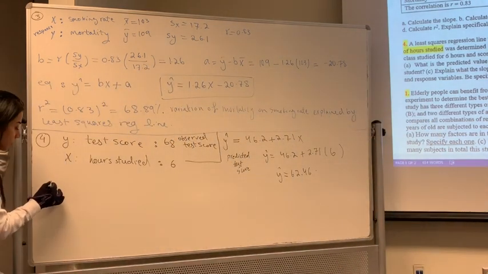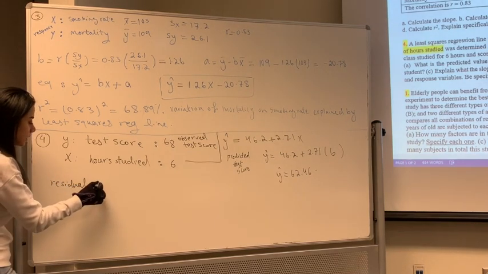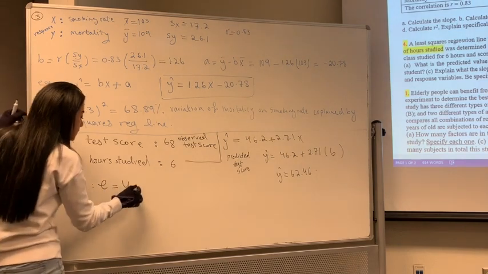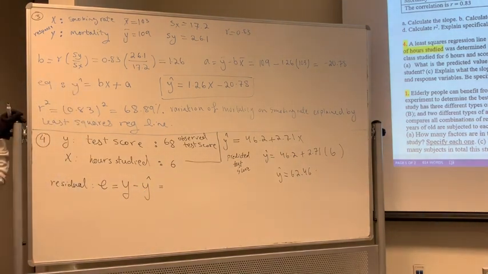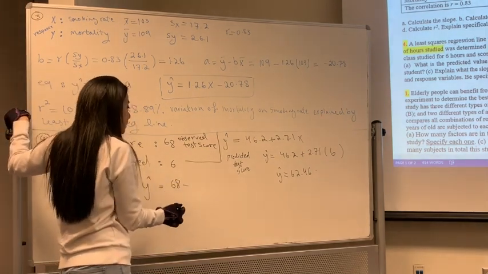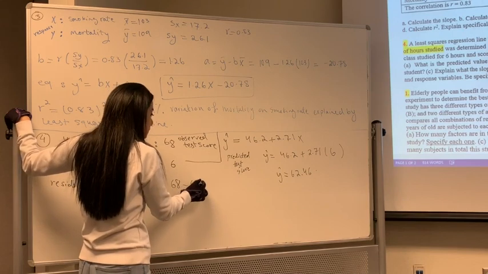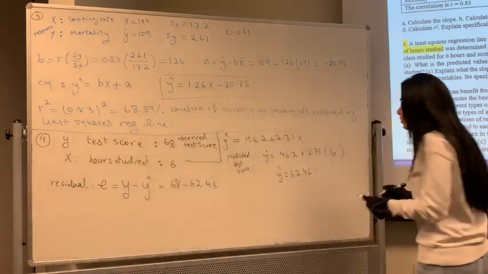Then we want to find the residual for this student. E is equal to observed minus predicted y. Correct? Observed y was 68. Predicted y is 62.46.